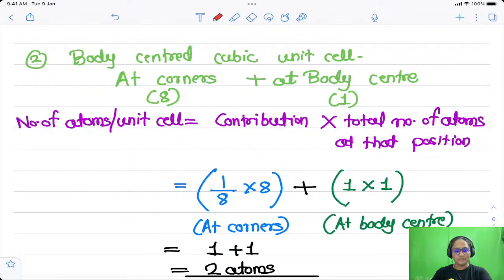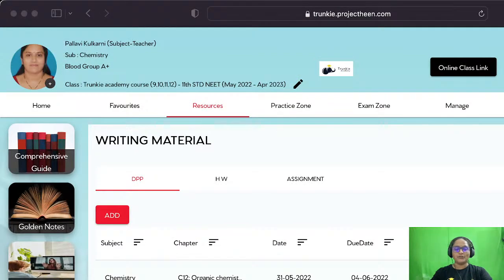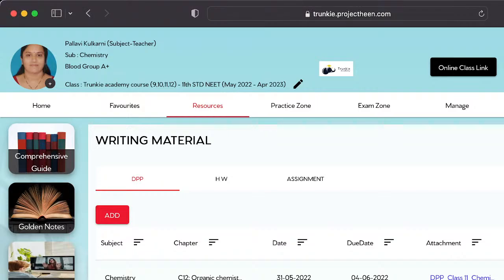Do you know, Abhishek, that on your portal you will be able to see DPP, daily practice problems? I'll show that in just a few seconds. I hope you can see, this is a teacher's portal, and yours is similar.